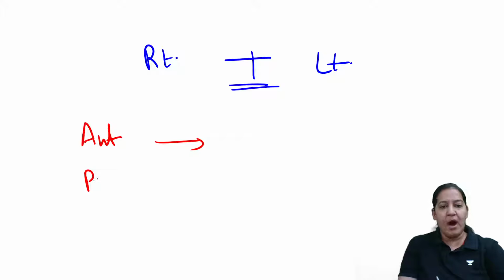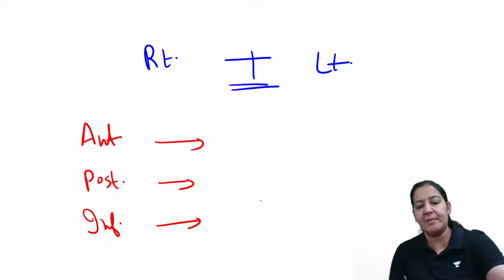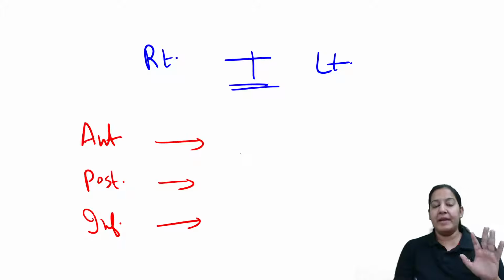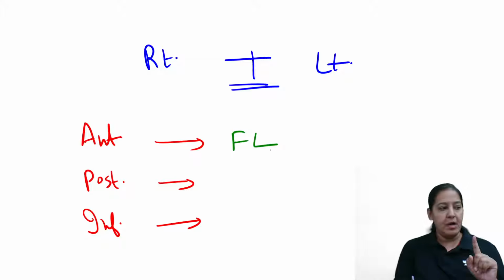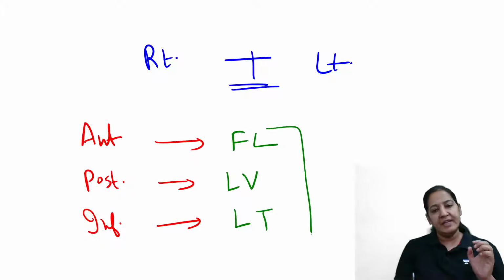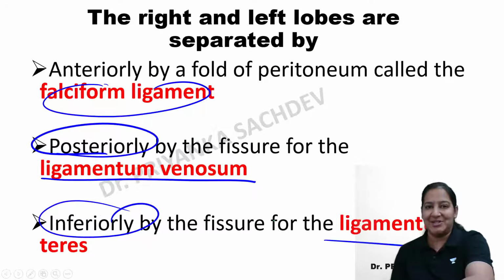From the posterior surface, what is the name? And from the inferior surface, what is the name? Anteriorly, it is the falciform ligament. Posteriorly, it is known as ligamentum venosum, and inferiorly, it is known as ligamentum teres. These are 3 important MCQs from anatomy, right?